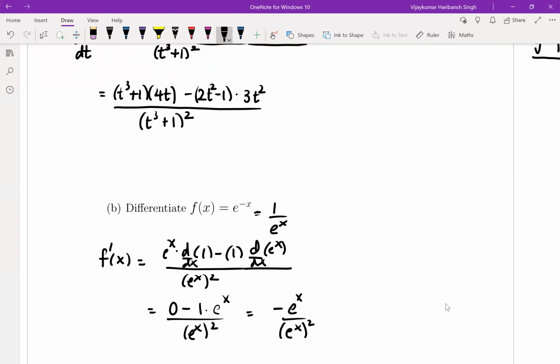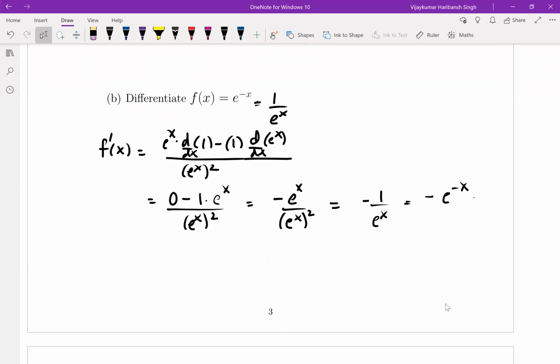You can cancel one e to the x off. You'll get minus 1 upon e to the power x. And if you want to write it on the top, you can write it as minus e to the power minus x. So this is how the derivative of f of x, which is e to the power minus x, works.